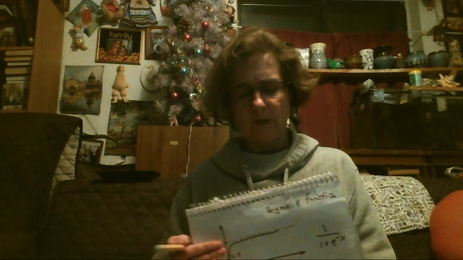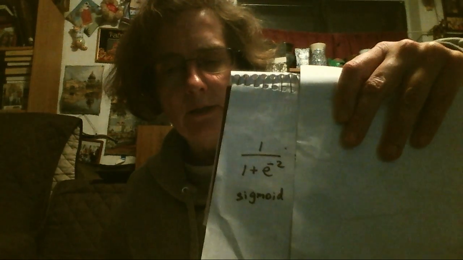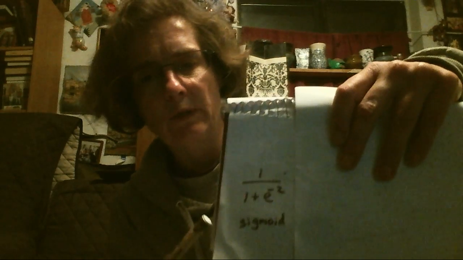Okay. Now I want to go ahead and build a bridge to our softmax function, and I'm going to do it by saying that softmax function and sigmoid function for two classes are the same thing. I'm going to show you how it works. I'm going to start with sigmoid of two classes.